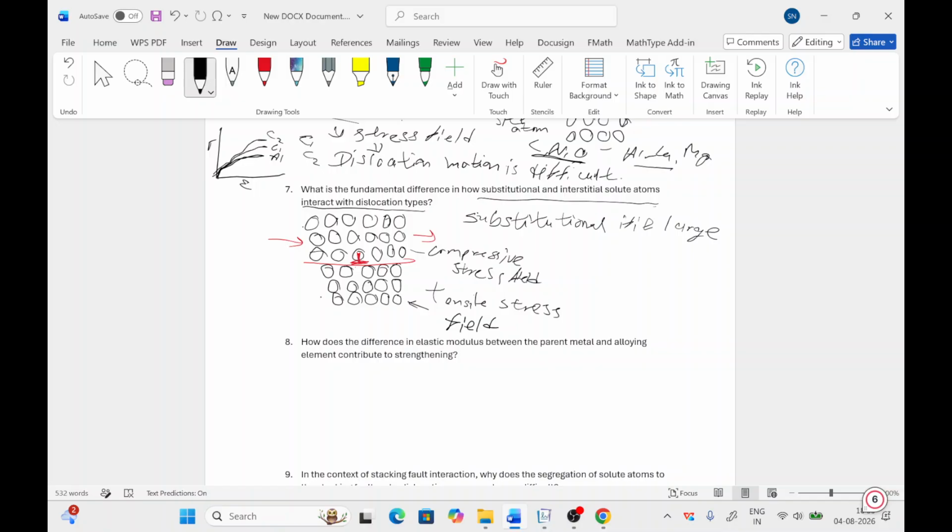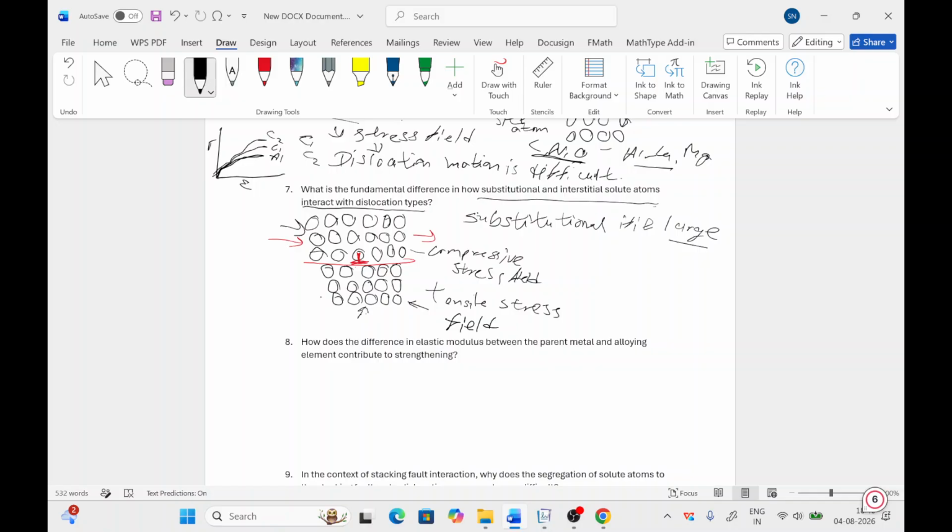To reduce the compressive stress field in the above plane, we have to add a small substitutional atom, and if it is large, it will go in the bottom plane. So the large substitutional atom goes at the bottom of the dislocation plane, and the small substitutional atom goes in the above plane, arranging atoms to balance the stress field of the dislocation.